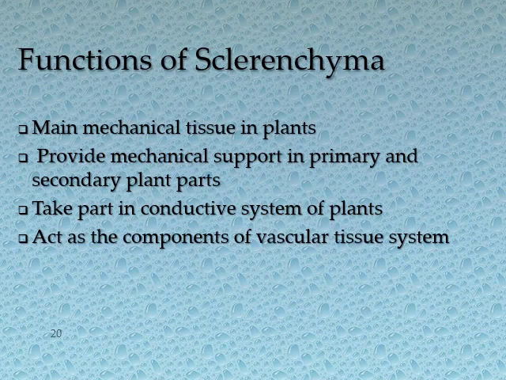So here we have the functions of Sclerenchyma. This Sclerenchyma actually is the main mechanical tissue that provides mechanical support to the primary and the secondary parts of the plant. It also plays a role in the conductive system of plants, as these Sclerenchyma cells are present around the vascular bundles, so they act as a component of the vascular tissue system.